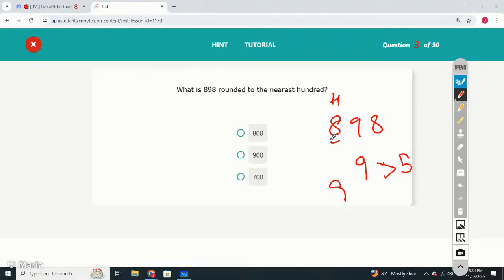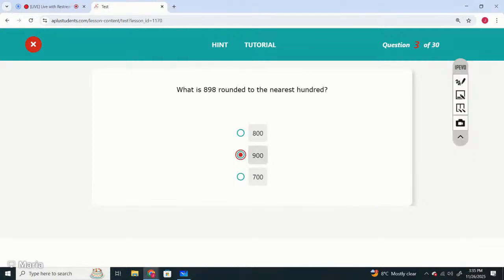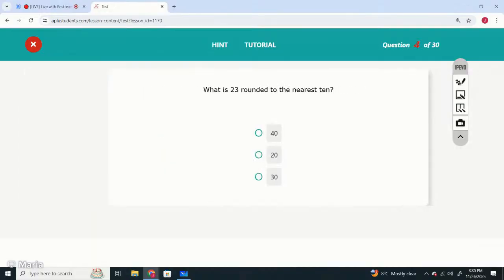So we need to add 1 to the hundreds digit and replace the other digits with 0. That is 900. Option number 2 is the correct option.